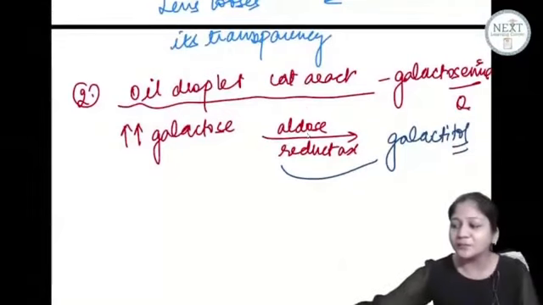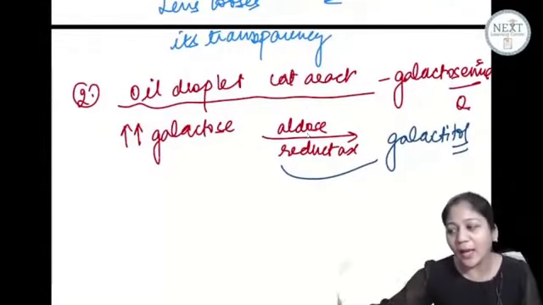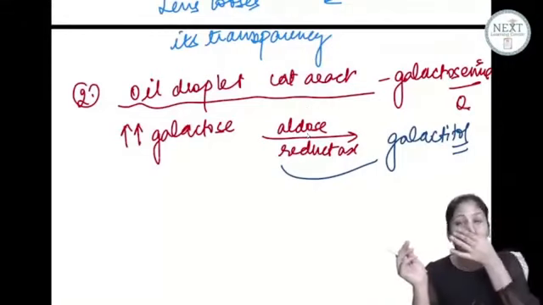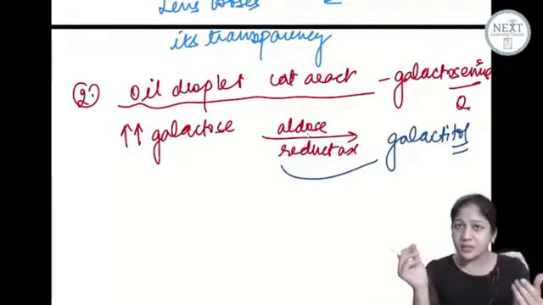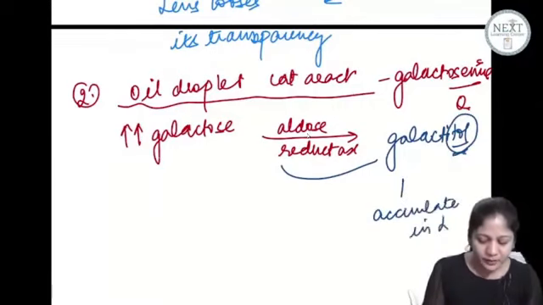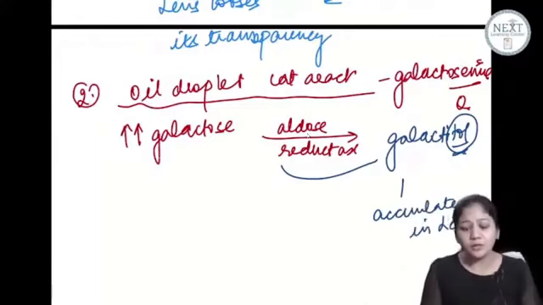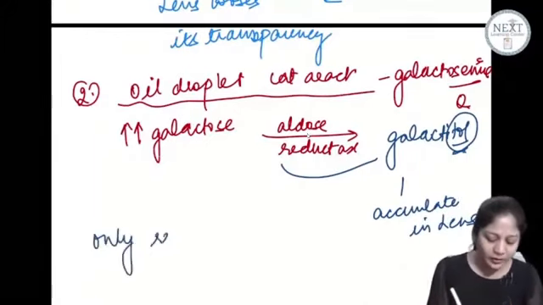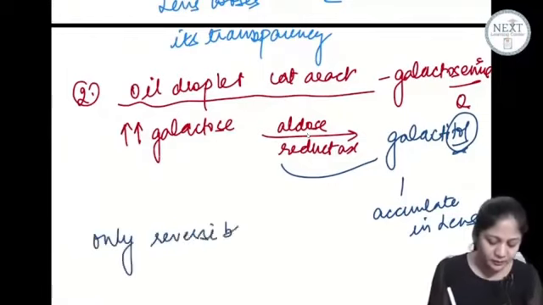So what will happen? It will accumulate in the lens and it will imbibe more water. When it imbibes more water, the lens will lose its transparency. The same thing happens. Okay? So what you have to learn here is that oil droplet cataract is the only reversible type of cataract.